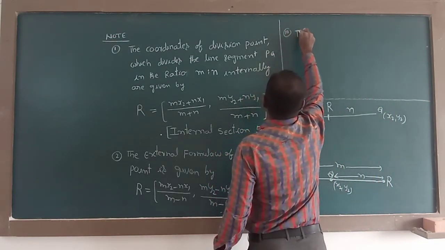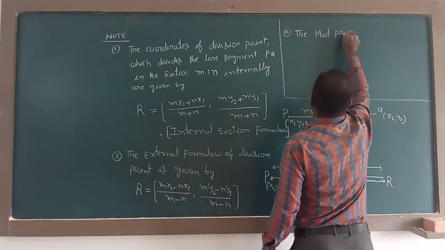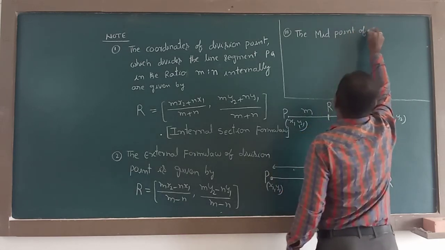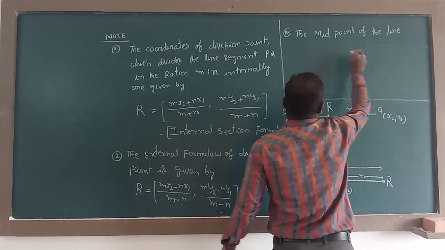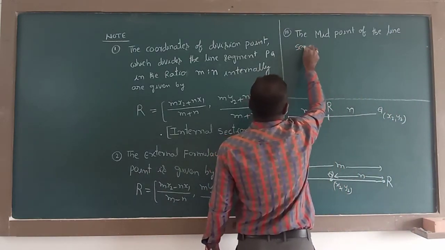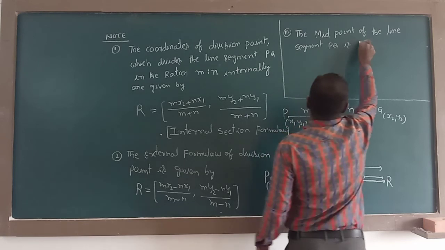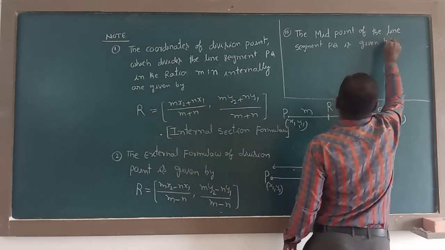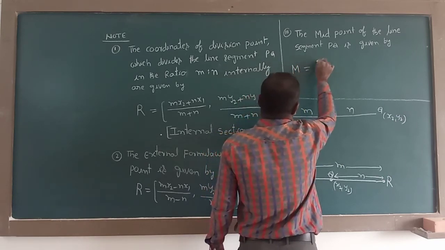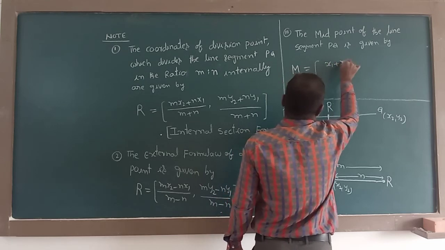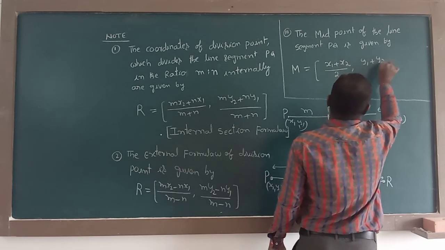Third, the midpoint of the line segment. The midpoint of the line segment PQ is given by M is equal to (x1 plus x2) whole divided by 2, comma, (y1 plus y2) whole divided by 2.